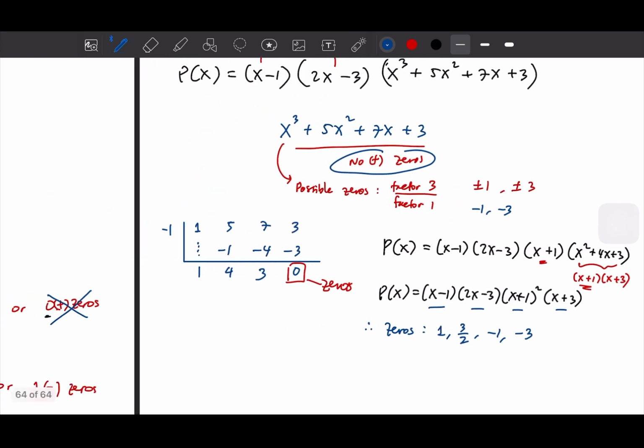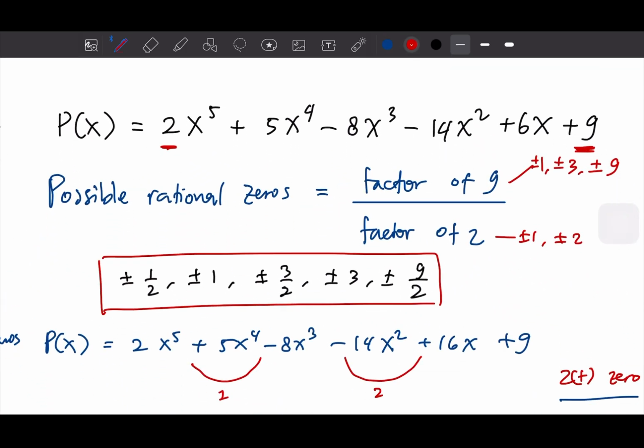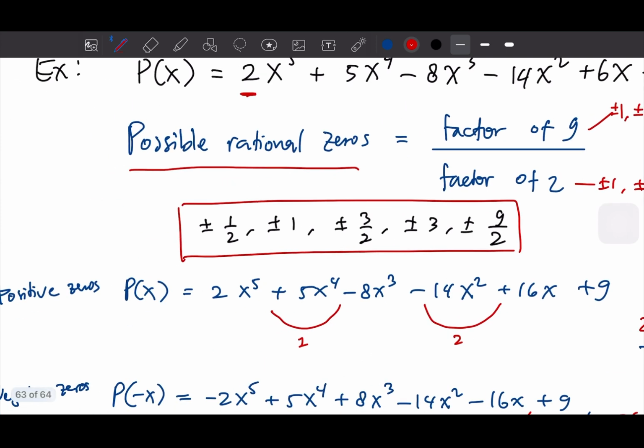For example, our example here has a fifth degree polynomial, which means we start by taking some guesses from these possible rational zeros. We take our time at the beginning to try and test all this set of numbers.